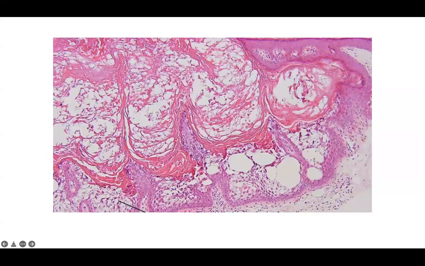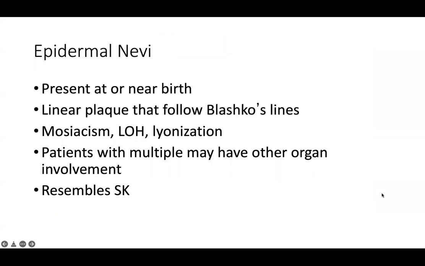Higher power view showing that punctate kind of granular eosinophilic and basophilic material, abundant kind of empty spaces or vacuolation changes, and overlying hyperkeratosis. Moving on to epidermal nevi, these are present at or near birth in a linear Blaschko line pattern.